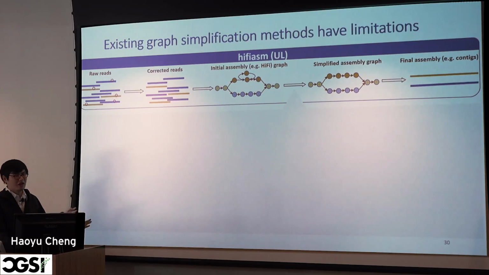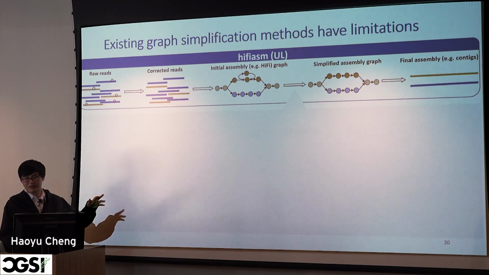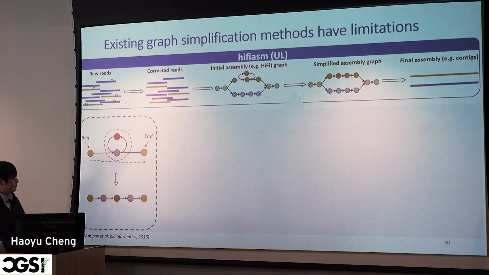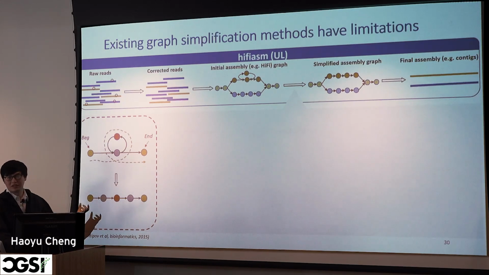Once we have the initial graph and the alignment paths, we need to simplify the initial graph into a new graph, and this step is not so trivial. Most traditional methods use a straightforward approach: they find one begin node and one end node and try to find one path that goes through the tangle.